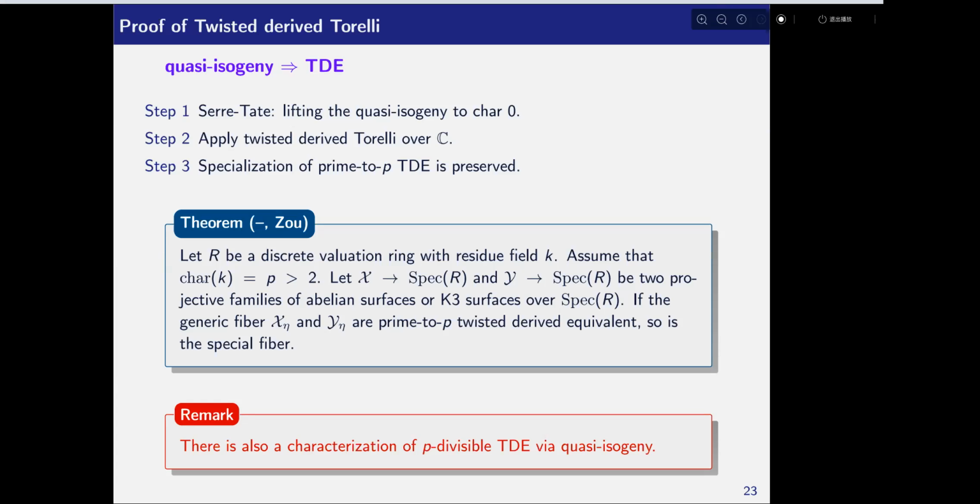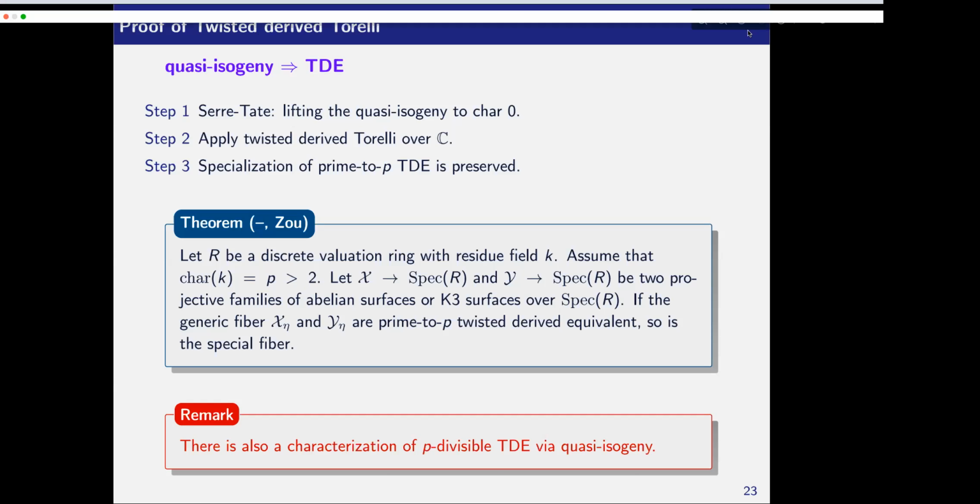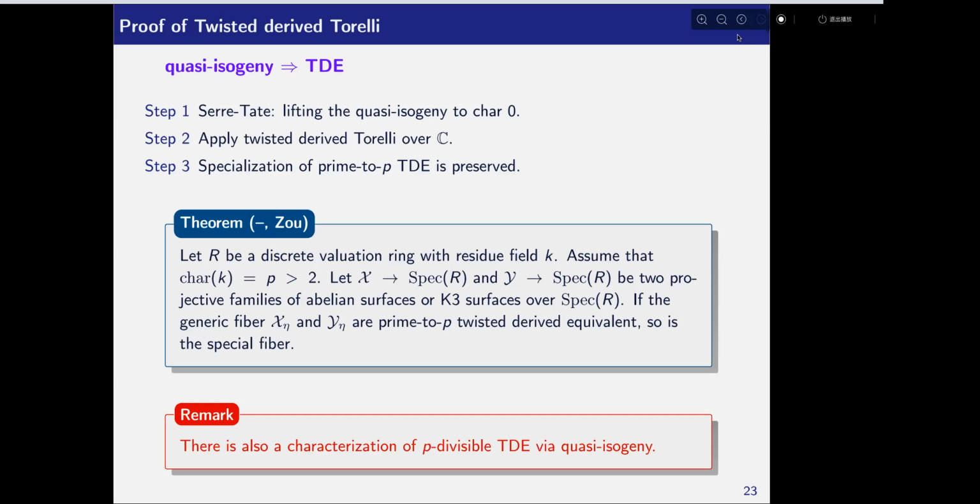Are there questions? I have one question for the conjecture on K3 surfaces. If you assume the field is finite, can you show that the conjecture implies twisted derived equivalence?